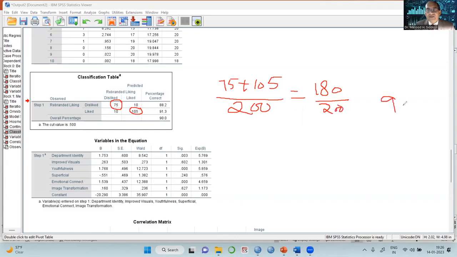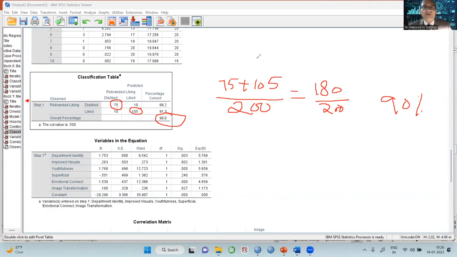So 90% is the correct prediction. This is the hit ratio, meaning the model is able to correctly predict 90% of the observations, meaning 90 out of 100 observations are being correctly predicted.